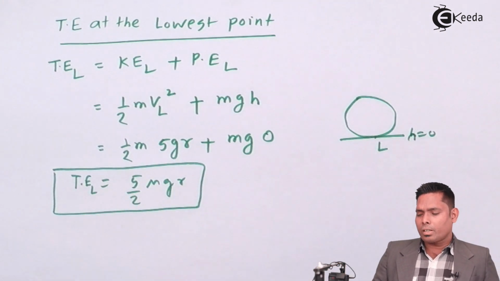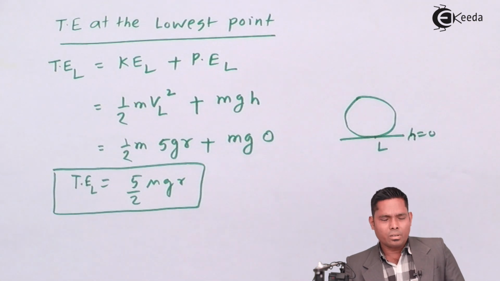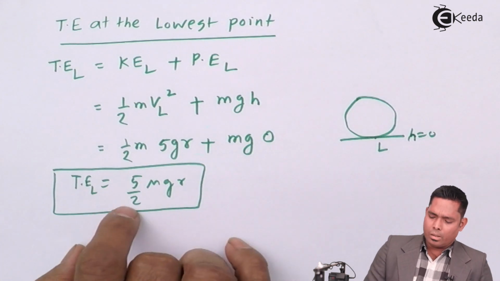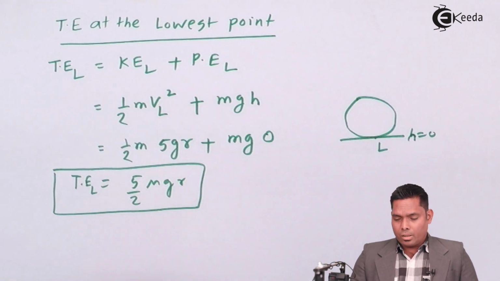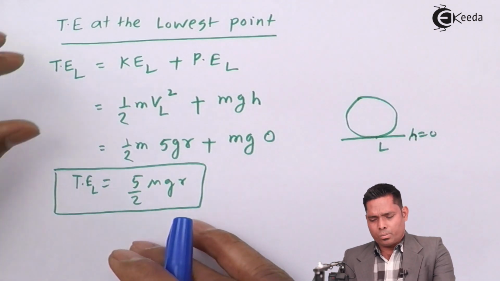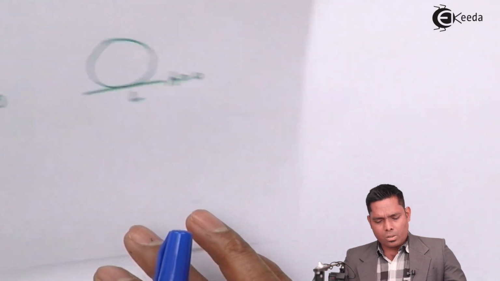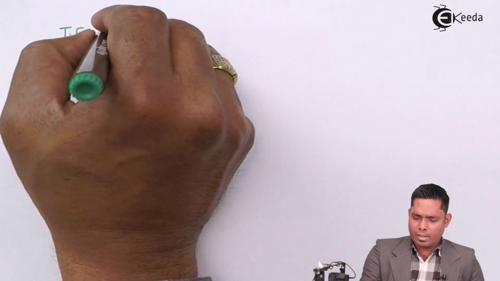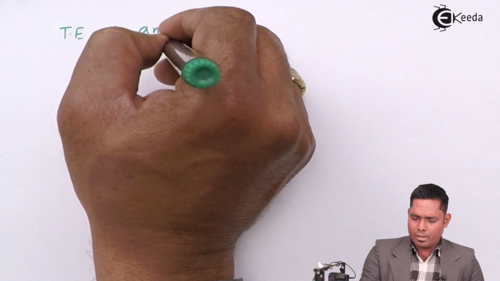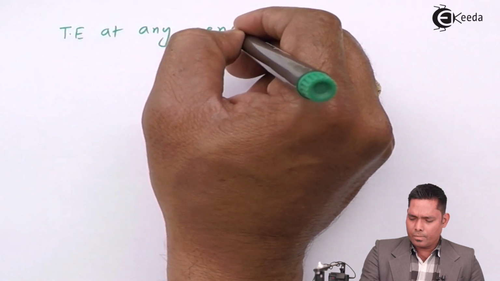Though we have specifically found the total energy expression for only the lowest point, midpoint and highest point, we can also find the total energy to be the same at any other position. So let us find the total energy at any generic point.